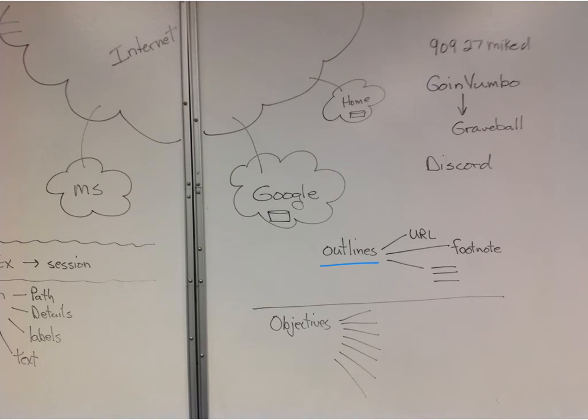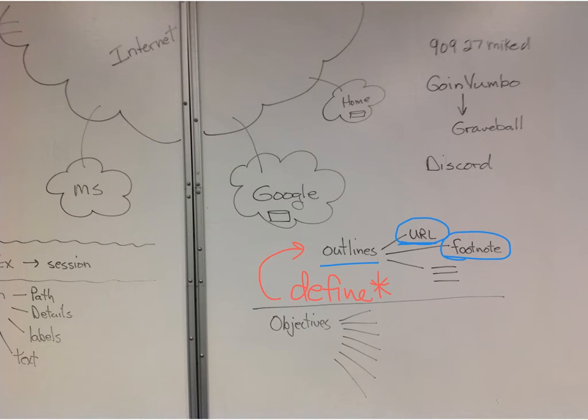Outlines. Okay, for your outline, make sure you either give the URL or you footnote your references. When we have that word define with an asterisk, then I want you to find an outside source in the outline.